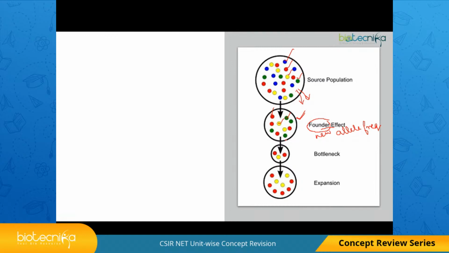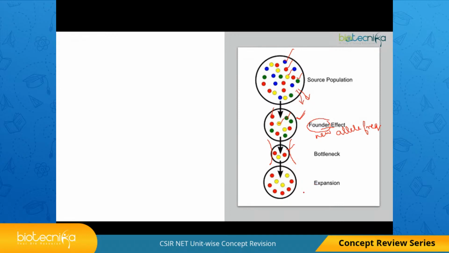We might find that out of those individuals who are surviving, maybe we have lost the greens. It can happen. So only the red and the yellow are surviving. This shrinkage in the population size is what is known as a bottleneck. What is the effect of the bottleneck?